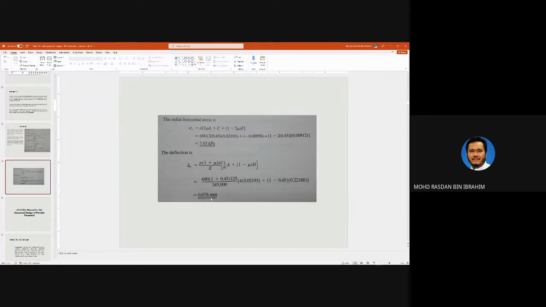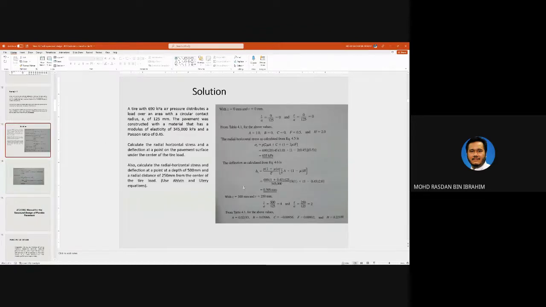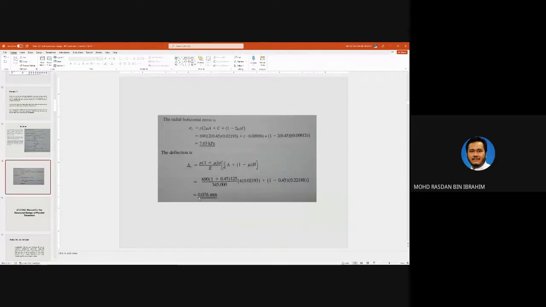So you can see here the amount of stress, 500 millimeters, half a meter, underneath the pavement is significantly less, 7.64 kPa, compared to directly under the tire, where the stress is 655 kPa. And the deflection on the surface of the road is 0.399 millimeters, and deep underneath the pavement, the deflection is 0.076 millimeters.